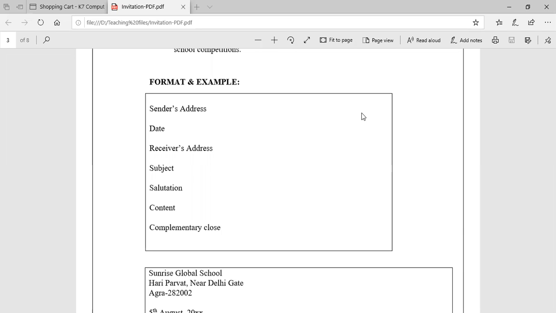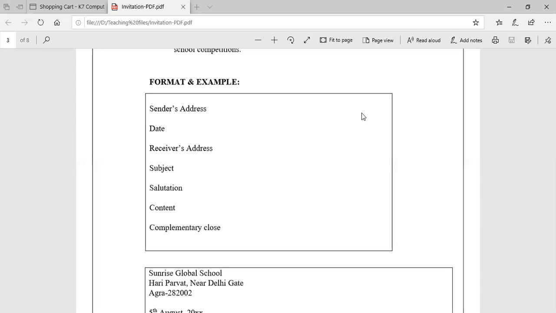Subject is very important. While reading the subject, we will identify whether it is a letter or an invitation. That means in the subject we mention the invitation for the particular program, what the post is, and what honor we are giving them. Even in letter writing we use a subject.